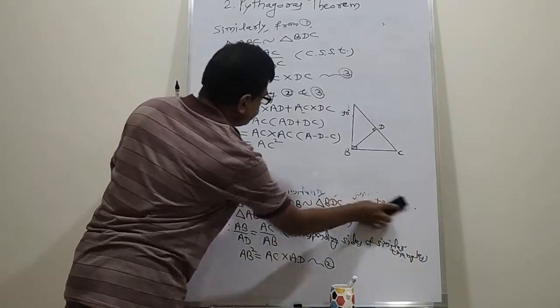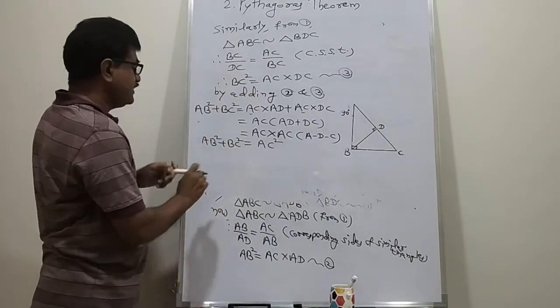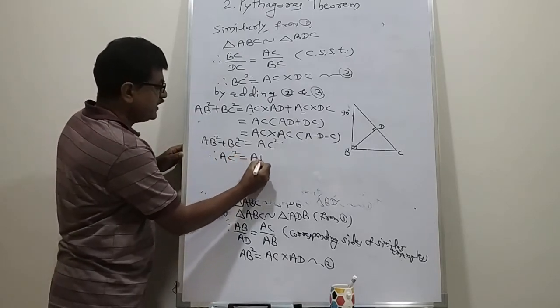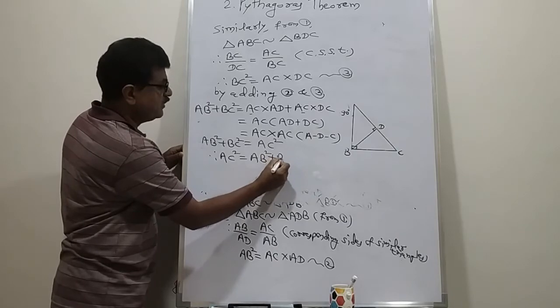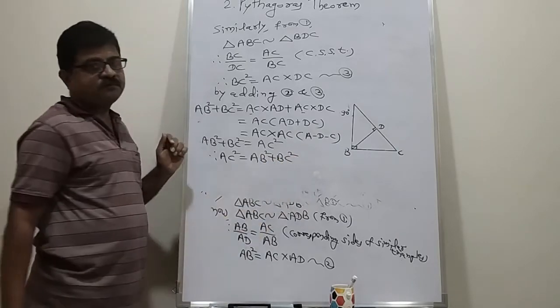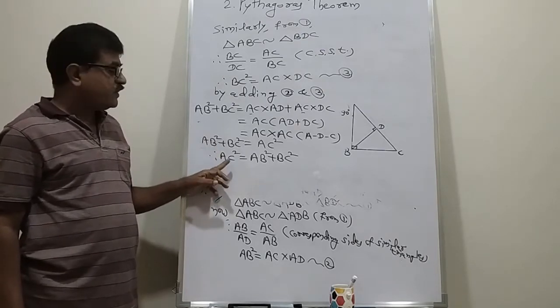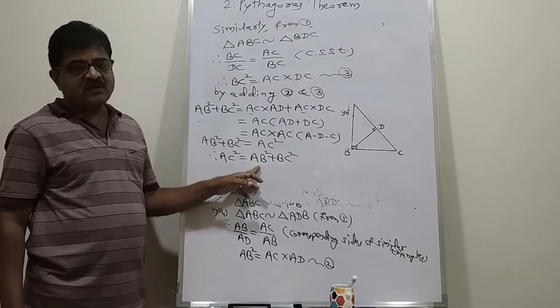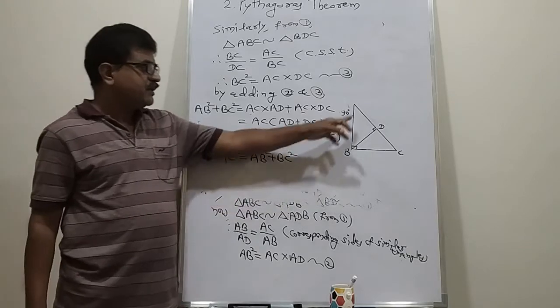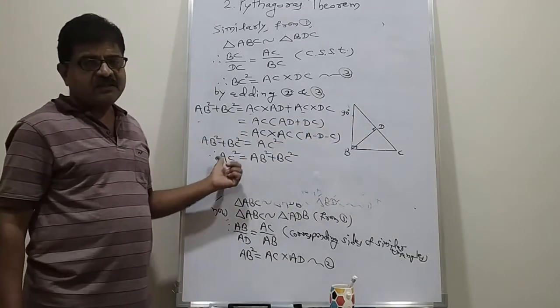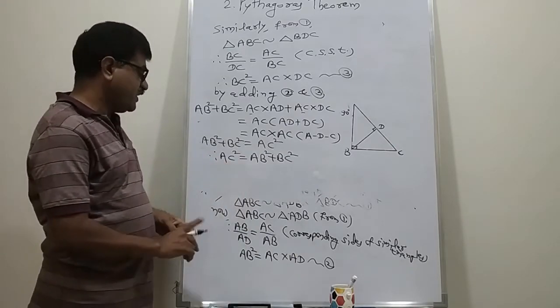Therefore we can write this as AC square is equal to AB square plus BC square. This is the proof. That is, hypotenuse square is equal to the sum of squares of the remaining two sides. This is the proof of Pythagoras theorem.